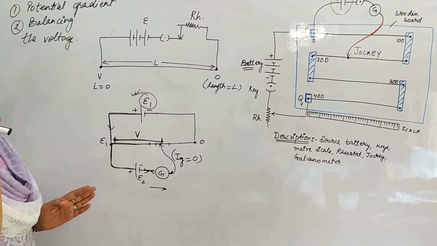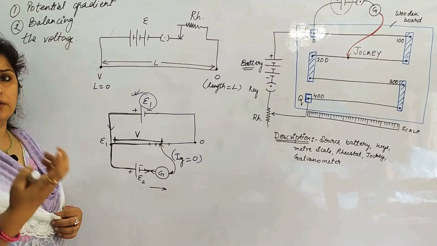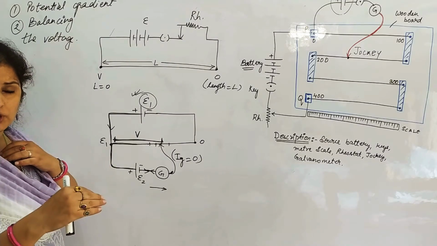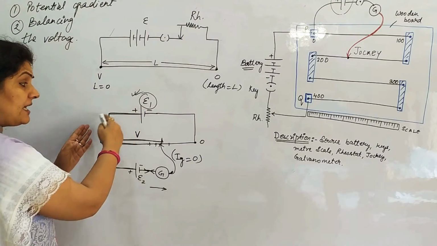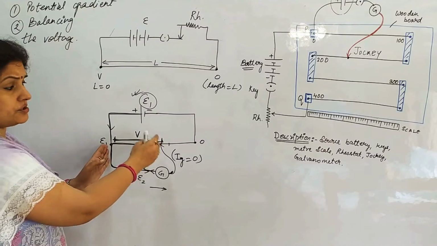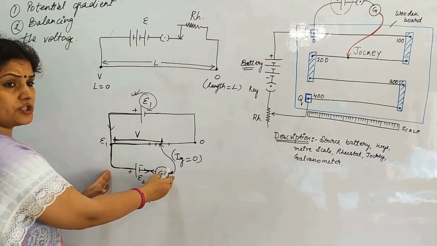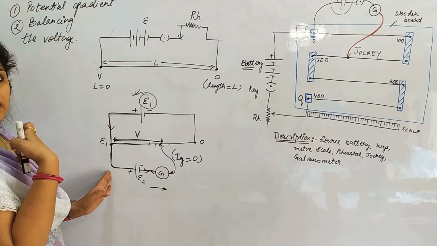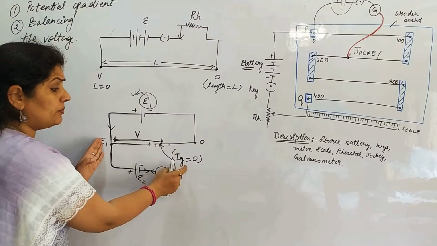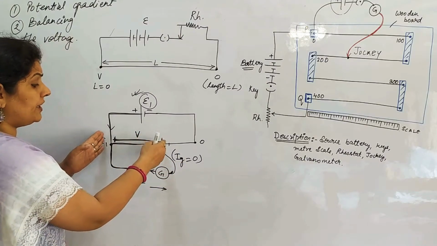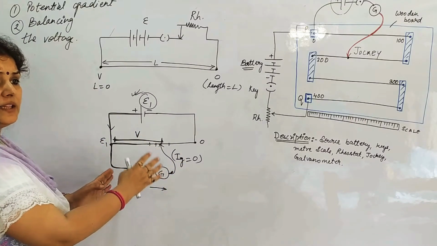Suppose in a voltmeter, what happens? The voltmeter was drawing some current, so the potential was dropping. But now this has its own source, a separate source, right? This potential is equal to this potential. Because it is not drawing any current, as soon as the galvanometer current is zero, the potential drop and the potential given by this are the same.